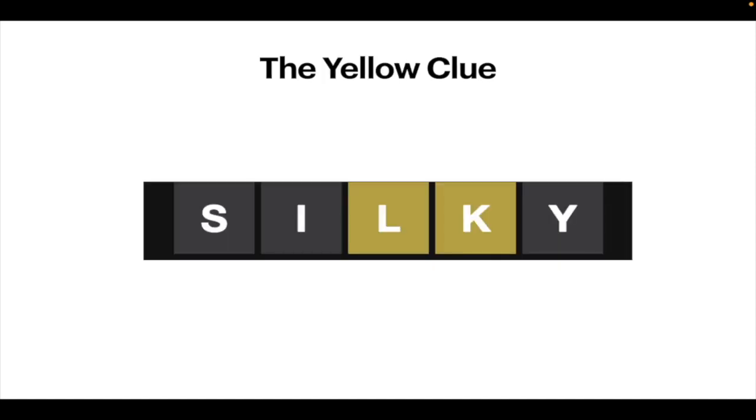Now, how do we use the yellow clues? There are two parts to this. First, we can eliminate all words in our search space that do not contain the yellow letters.